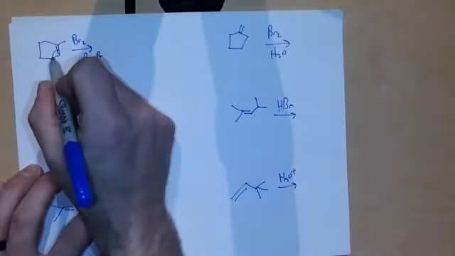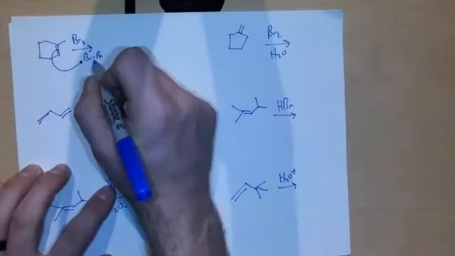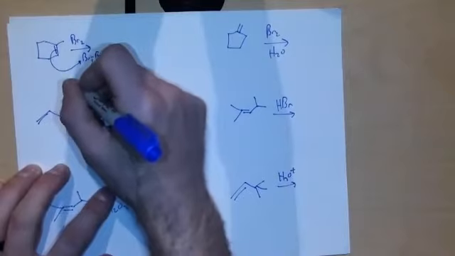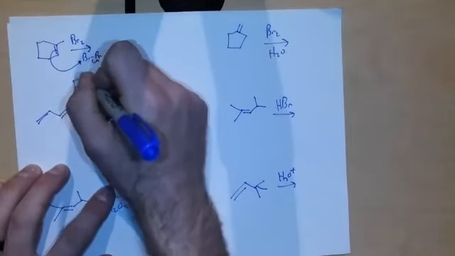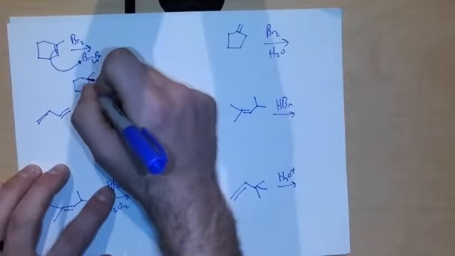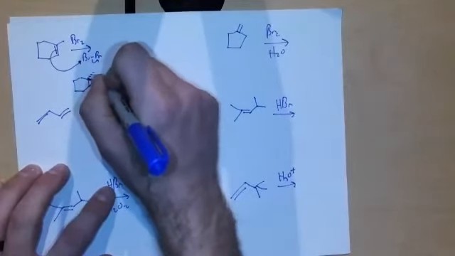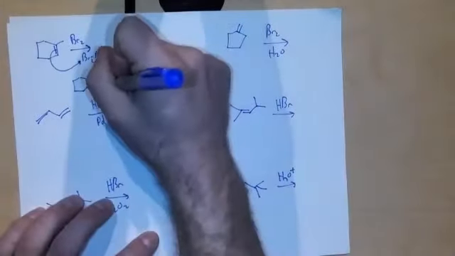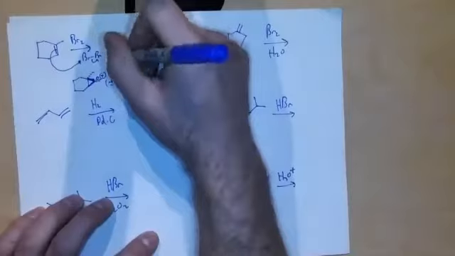So our double bond can attack one of these bromines. I'm going to draw going straight to the cyclization. We make something like this. From this point, our other Br can come in.